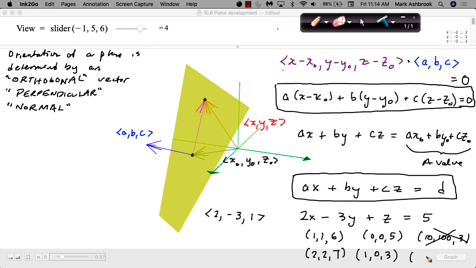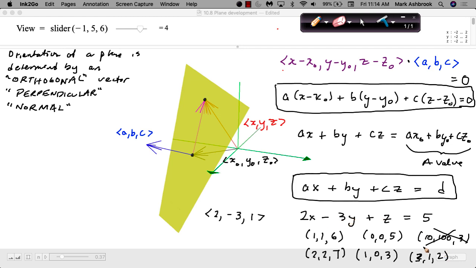Jose, tell me. 2, 0, 3. I don't think 1, 0, 3 and 2, 0, 3 can both work. So 2, 0, 3 is going to be 4, it's going to give you 7, it's not going to give you 5. 3, 1, 2. Does it work? 6 minus 3 is 3, plus 2 is 5.